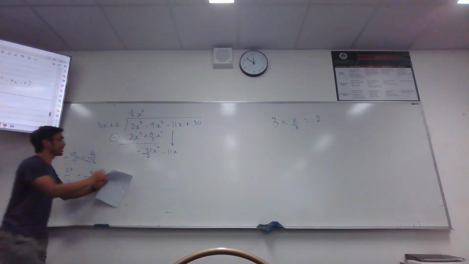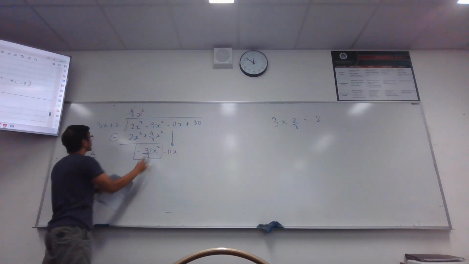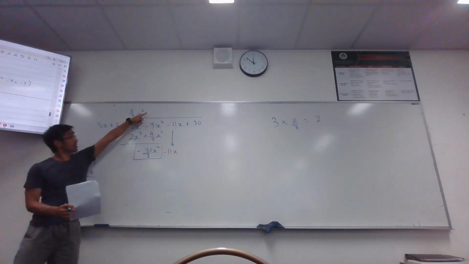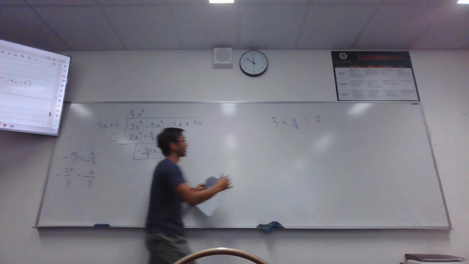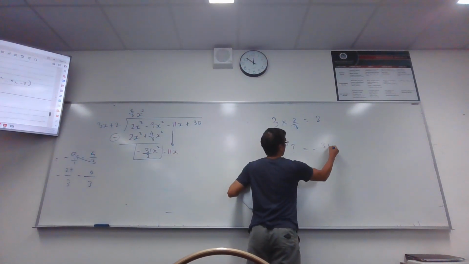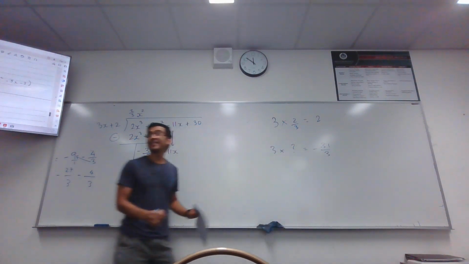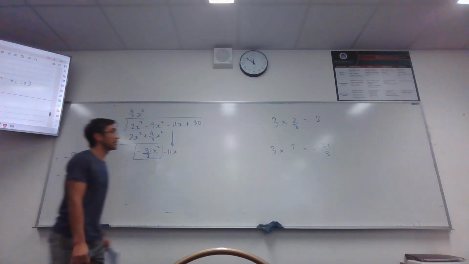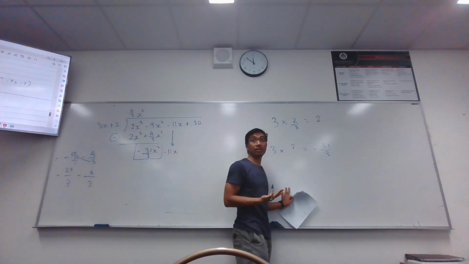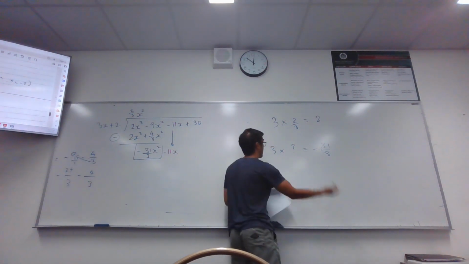Okay. We are now targeting this. 3 times something is -31 on 3. -31 over 9. And the way we can do that is simply with basic algebra.